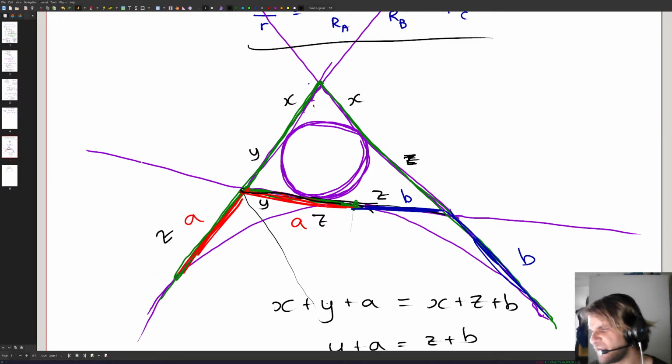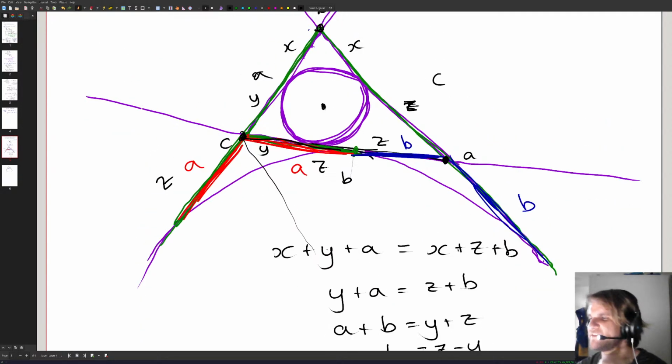I think it's also got to do with where the center of mass is of appropriately placed masses, because the barycentric coordinates of the incenter is a, b, c. So if you place the appropriate masses at these points, if the sides of the triangle were a, b, and c, and you placed a mass of a at this vertex, a mass of b at this vertex, and a mass of c at this vertex, then the center of gravity turns out to be at the incenter of the triangle.